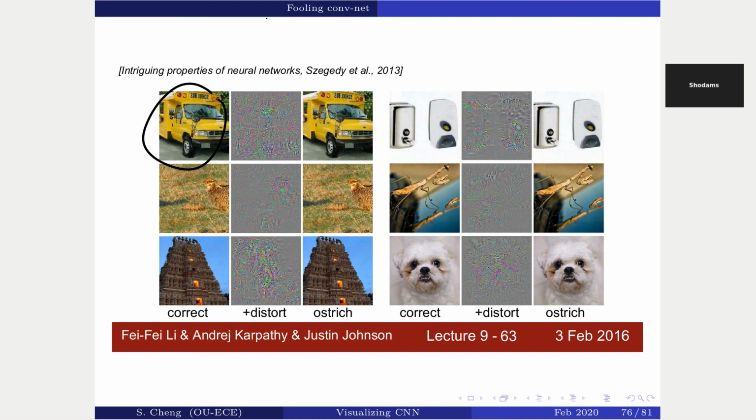So actually, I think what we talked about last time is more or less a similar trick, where we have this visualization.